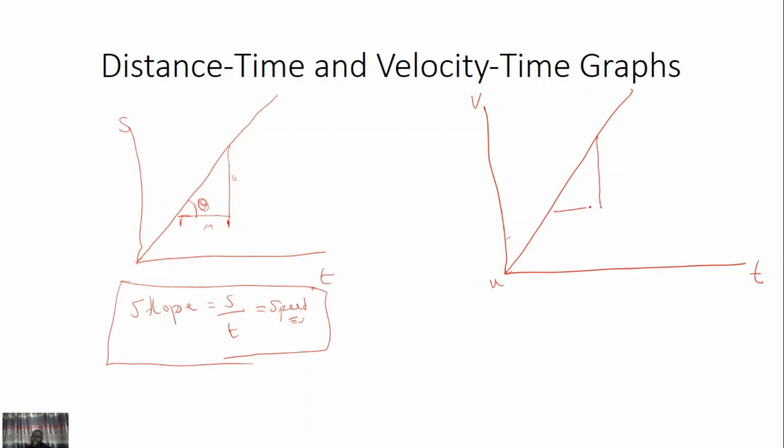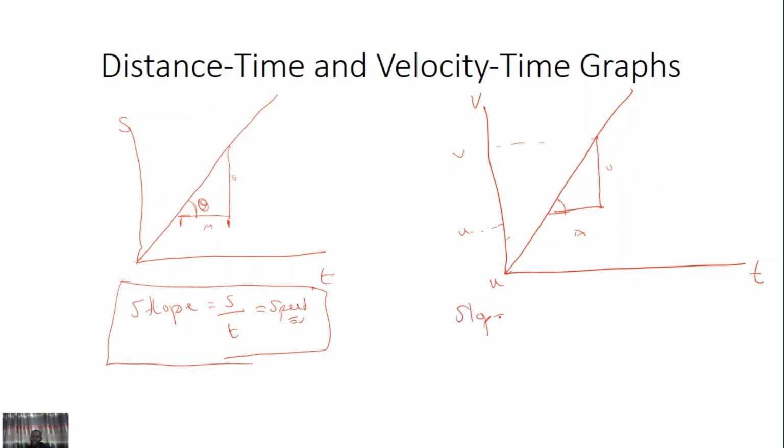The reason why it is acceleration is because if you calculate the slope of this graph, like I described earlier, which is equals to opposite over adjacent, that will be v, the final velocity, minus u, which is opposite.